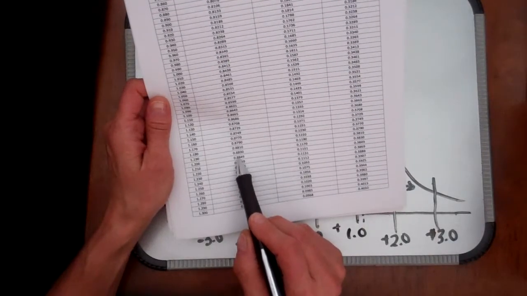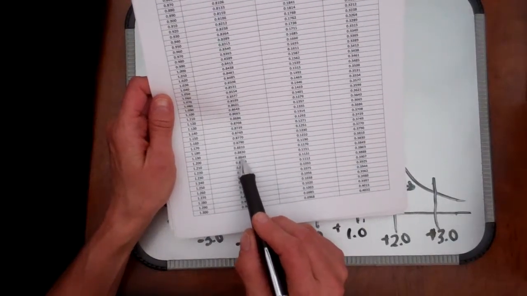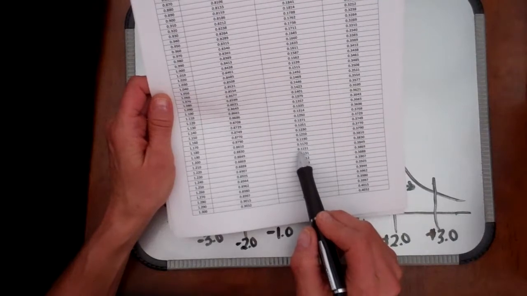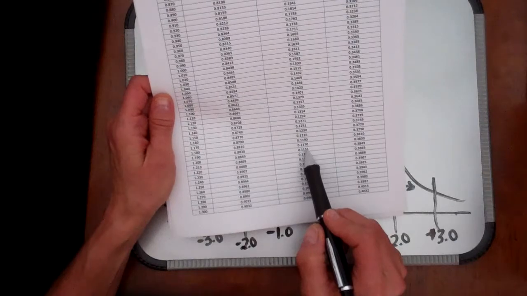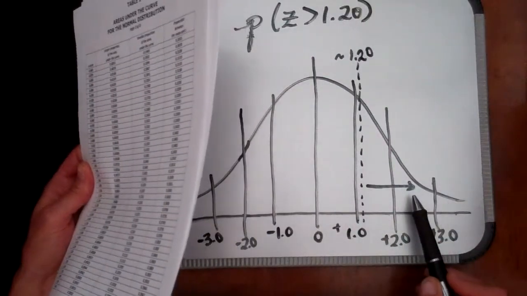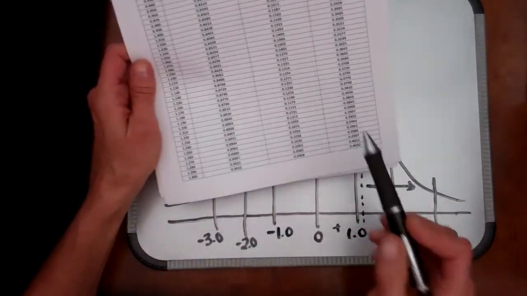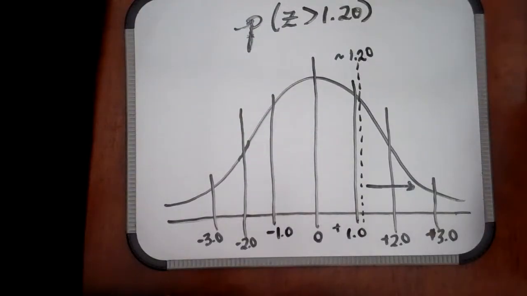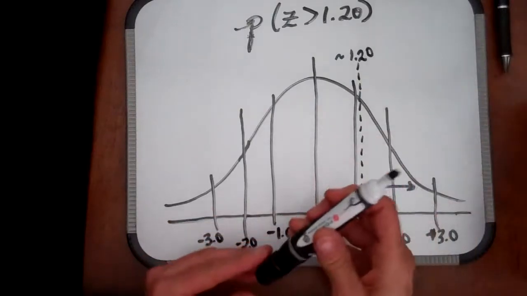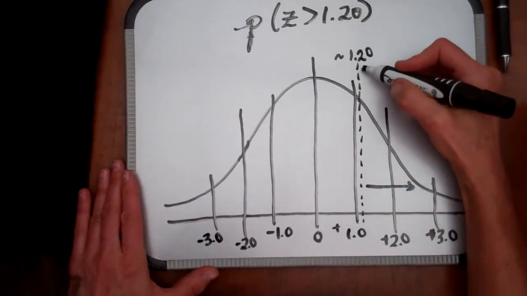The larger part of the area under the curve is 0.8849, the smaller part is 0.1151. Now we know by looking at our picture here that we're looking for the smaller portion of the curve. So the correct answer is this one, 0.1151.